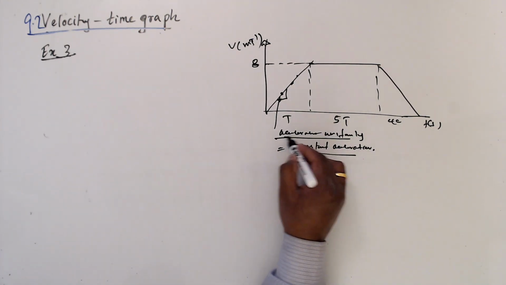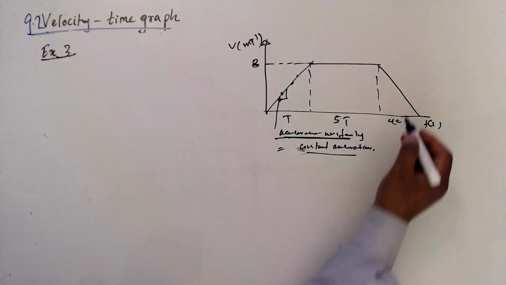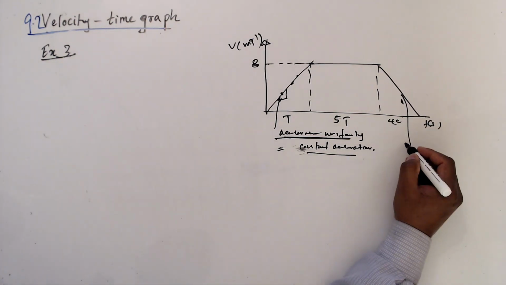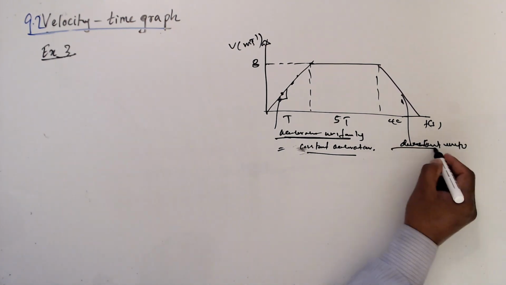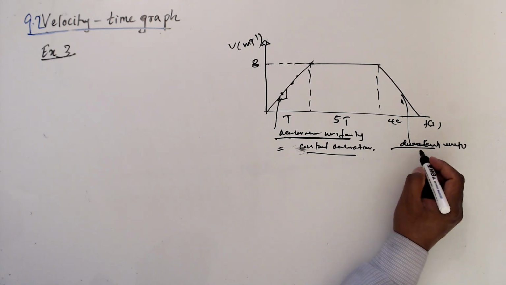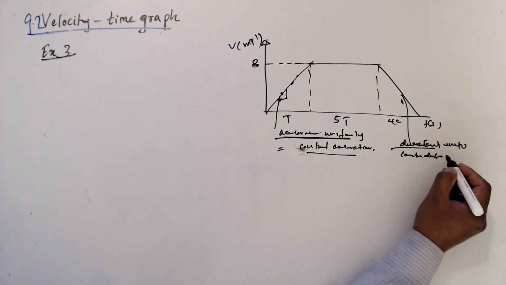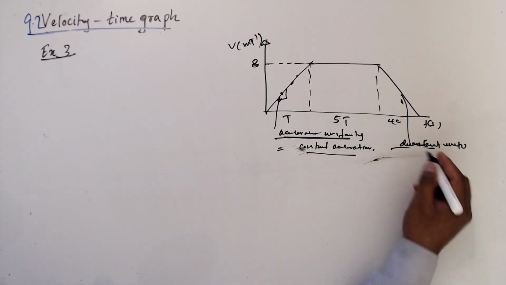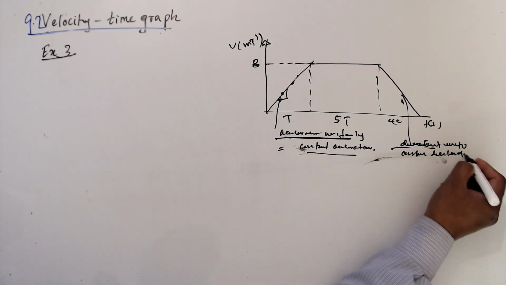So it is uniform acceleration. Decelerating uniformly means again constant deceleration.